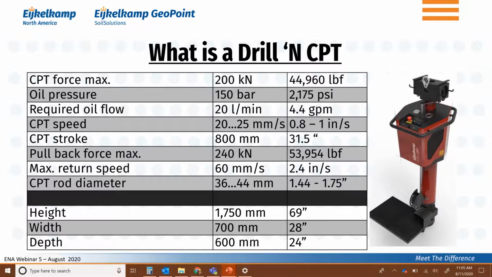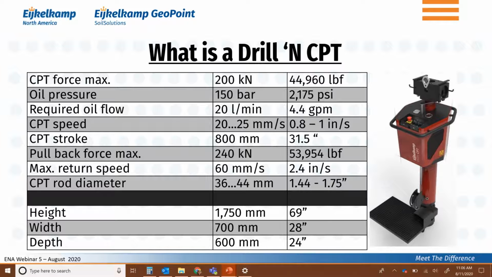However, and that's something that no system is perfect, what I also want to highlight is that the CPT stroke is only about 32 inches. Normally, when you have a full-fledged CPT truck, it has a stroke of a little over a meter, a little over 40 inches, because the CPT rod is traditionally 1 meter long.